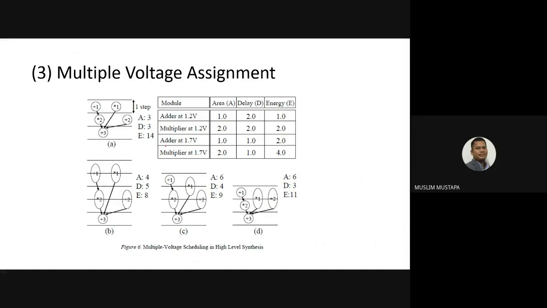You can see the adder at 1.7 volt, the energy consumption is 2 joule, and the multiplier at 1.7 volt, the energy consumption is 4 joule. So this is one way of running it. In the end, the area consumption is 3 and the delay is 3, which is low, but the energy is the highest.